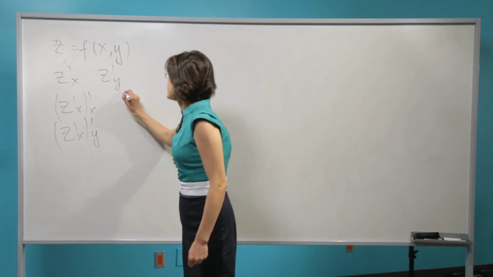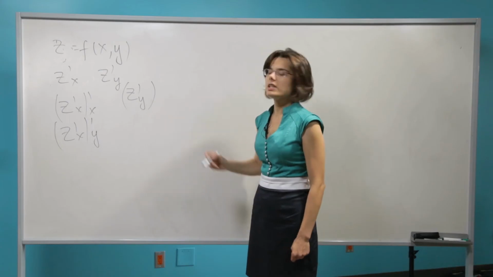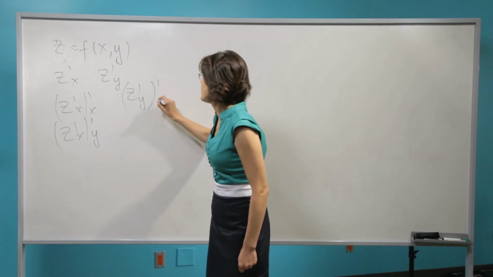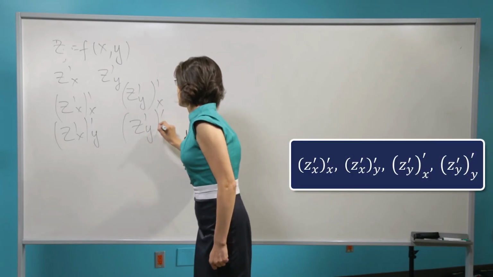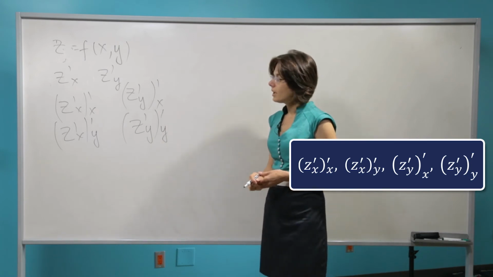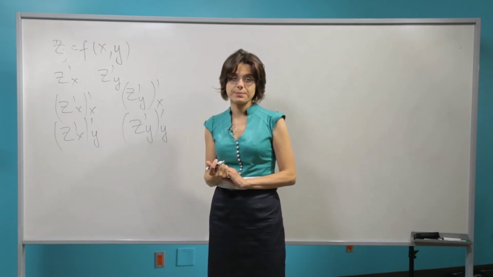Same we can do here. The first derivative over y variable, we can differentiate a second time over x, and we can differentiate a second time over y. In this case, we have now 4 different second order derivatives.